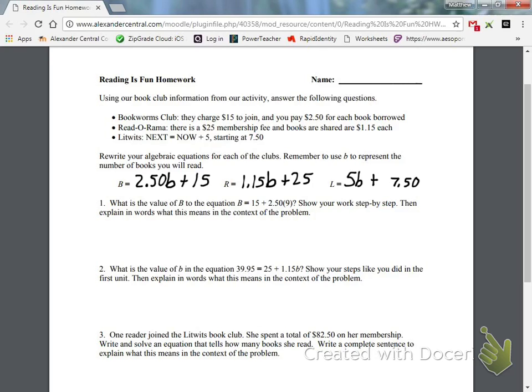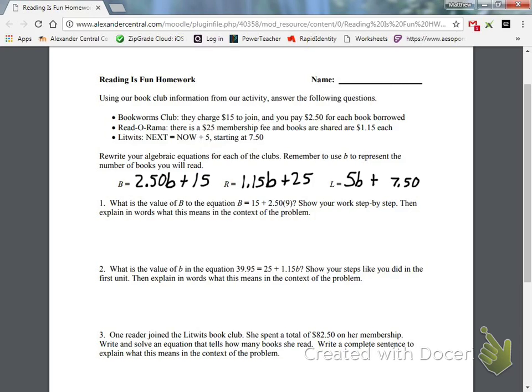So 5B plus 750. Do you see how that next equals now works at all? That next equals the one you're at now plus whatever that repeating cost is. That's always going to be that repeating cost over and over and over again. The fee is going to happen one time. The next equals now is just another way of writing a pattern. Just another way of writing a pattern.